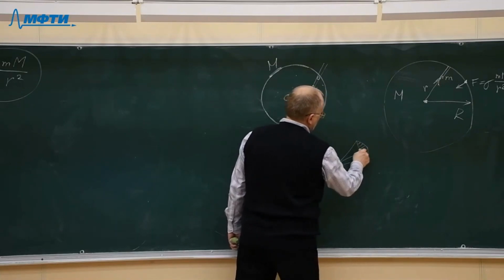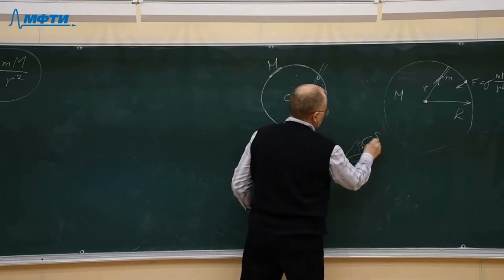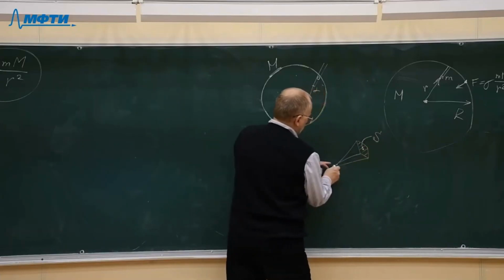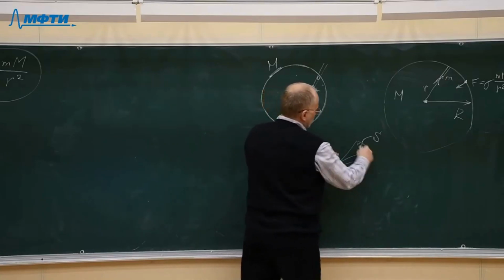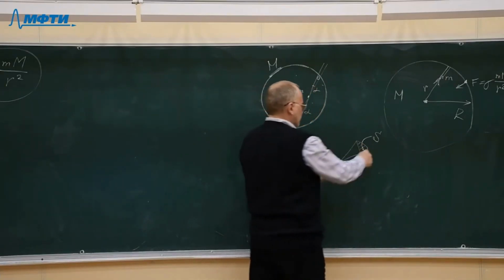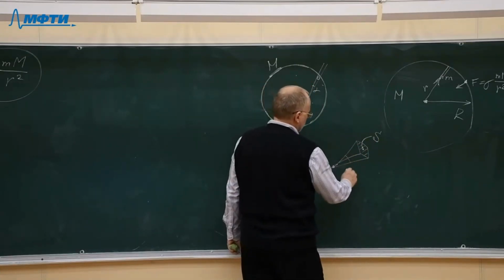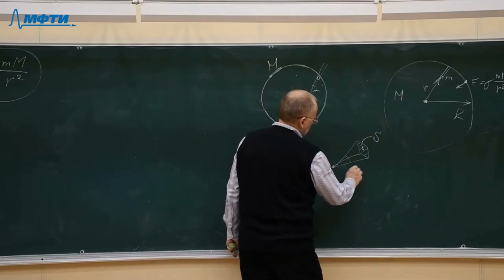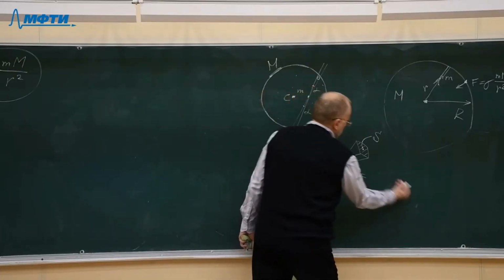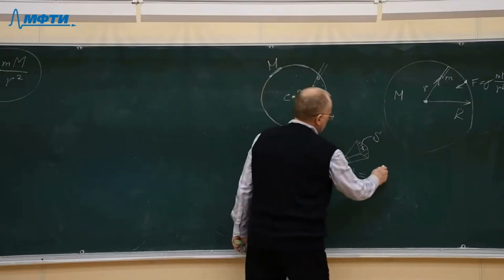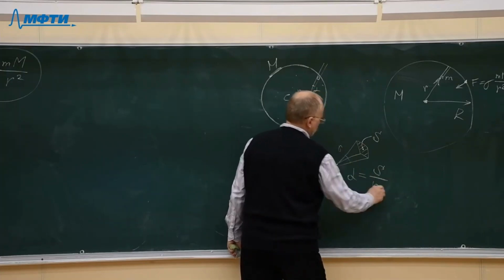This is a part of the surface of the sphere, and this is some area S, and the solid angle cuts this area, or indicates this area, on the surface of the sphere. And in this case, this angle by definition equals S divided by the radius of the sphere squared.